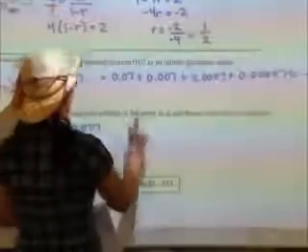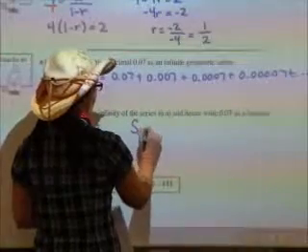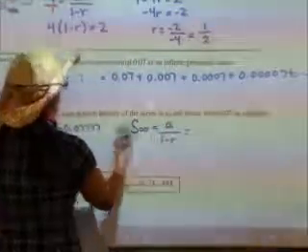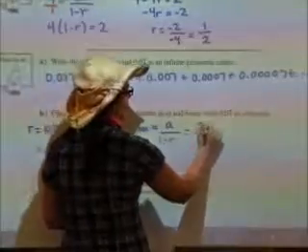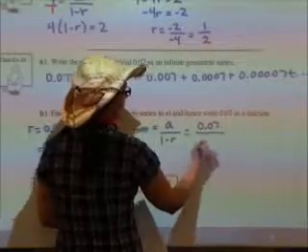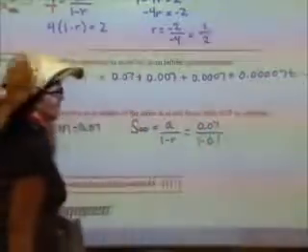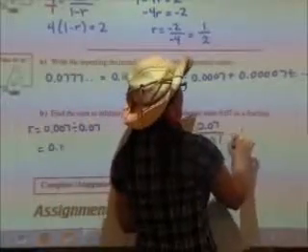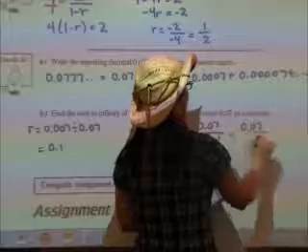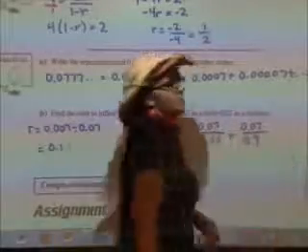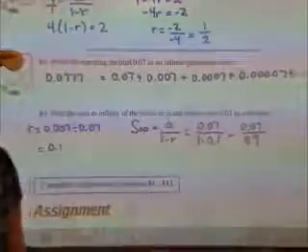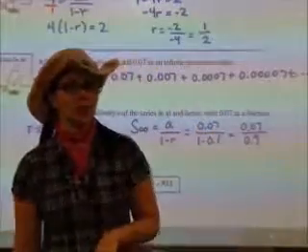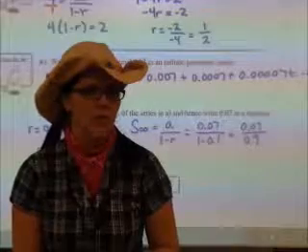So then I can write the sum to infinity, a divided by 1 minus r. My first term was my 0.07. 1 minus 0.1. So that gives me 0.07 over 0.9. If I'm trying to write this as a fraction, do I commonly have decimals in my fraction?